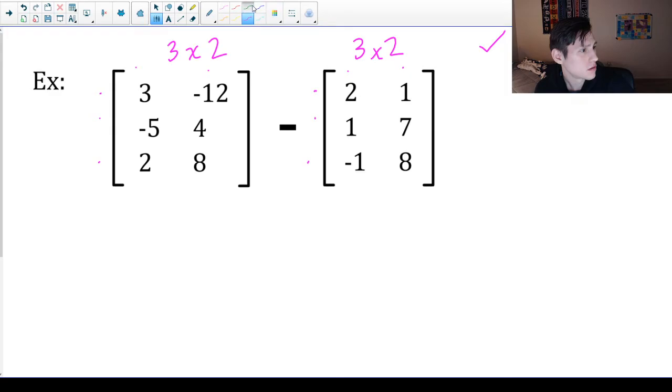So what does this equal? Well, we're just going to subtract things that are in the same spot. So 3 minus 2, great, that's 1.